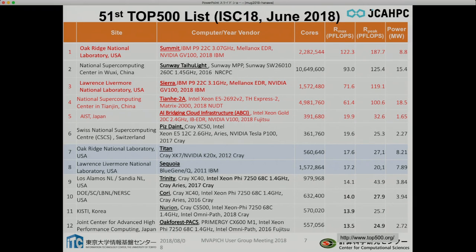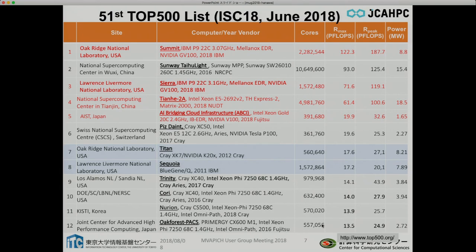So this is the latest Top500 list. As you can see, the Oakforest-PACS system is number 12, and number 11 is KISTI's Nurion system. This system is very similar to the Oakforest-PACS system in terms of architecture, because it has the same CPU and the same Omni-Path architecture. The only difference is the core count.